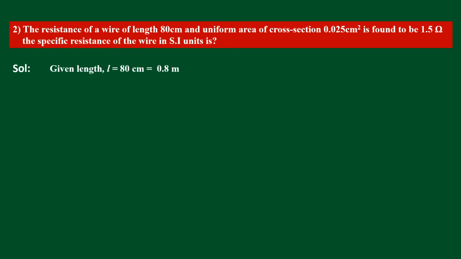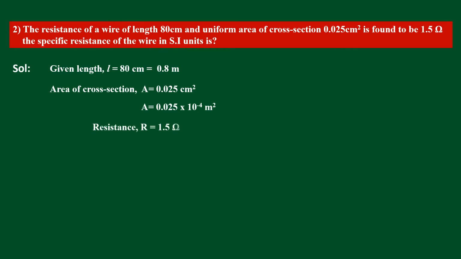So 80 centimeters is equal to 0.8 meters. Area of cross section A is equal to 0.025 centimeter square. We need to convert it in SI units. So area of cross section A is equal to 0.025 into 10 power minus 4 meter square. Resistance R is equal to 1.5 ohms.